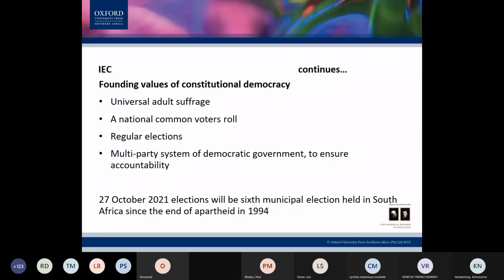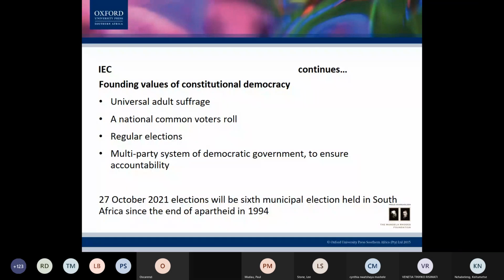Having a multi-party system of democratic governance forms part and parcel of ensuring that the competition among political parties entices the governing leader or the governing party to do what's best for the voters, because failure to satisfy voters while serving in government can result in one being voted out. So having a multi-party system of democratic governance is actually central in achieving a very vibrant constitutional democracy.